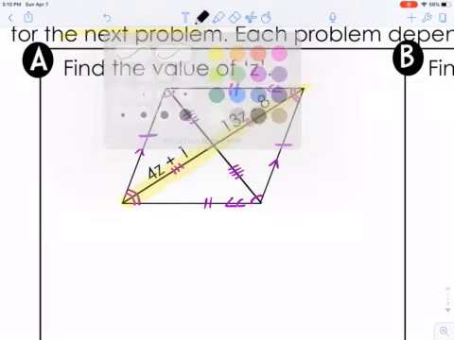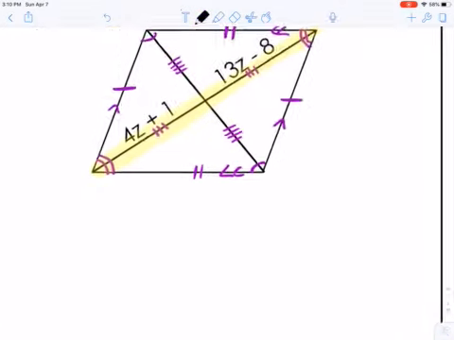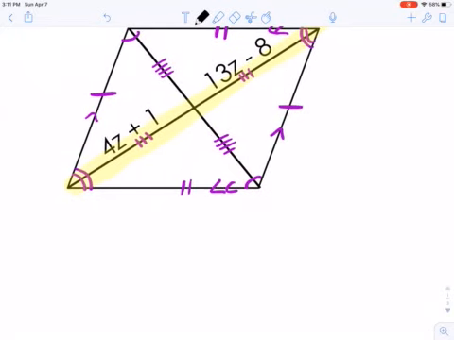Now that that's marked, it should be clear to you that to set up our problem, we're going to say this part equals this part. Because the diagonals bisect each other, it splits into 2 equal halves. So 4z plus 1 equals 13z minus 8.